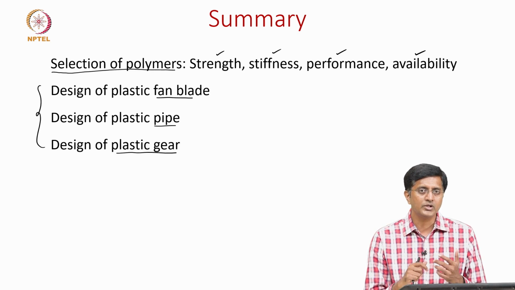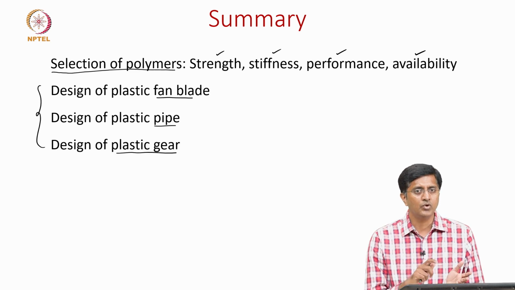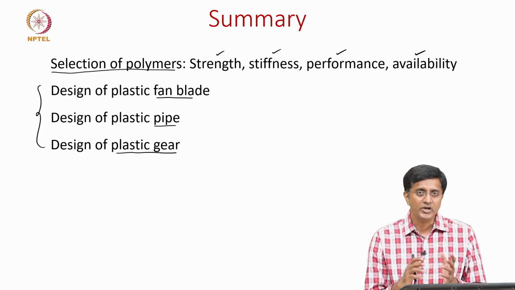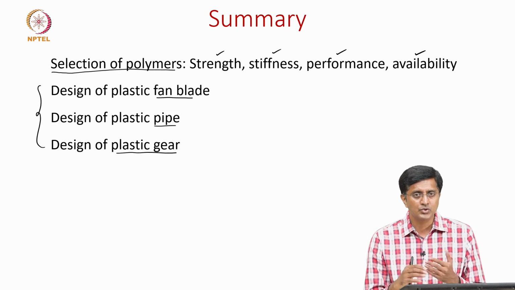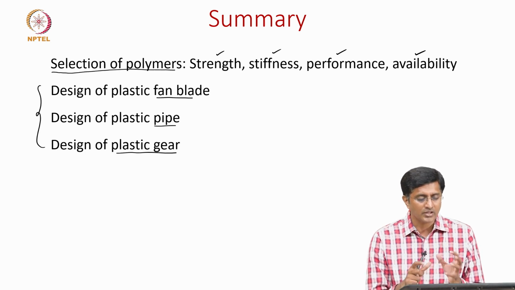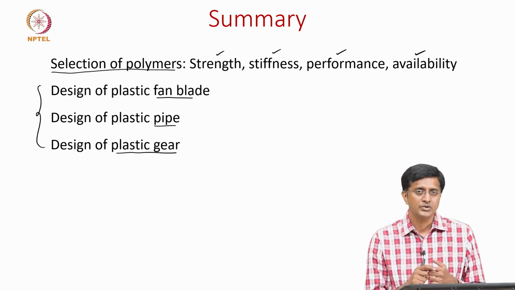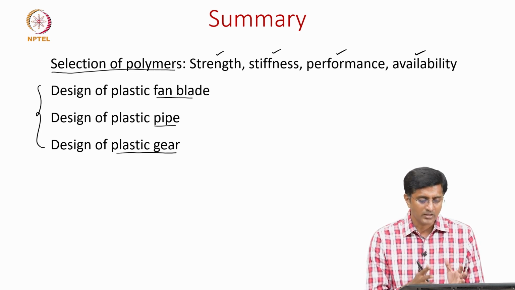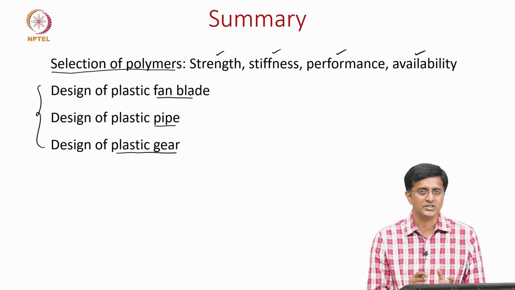Later we looked into the unique mechanical behavior of polymers, and then we moved into the various mechanical models one can use to represent the behavior of polymers. We also looked into the stress analysis of polymers, specifically in the analysis of bars and beams. And in the final week, week 5, we looked into how to characterize these polymers using instruments called DMA, dynamic mechanical analysis. And in this video, we also showed a few selection criteria as well as design principles.